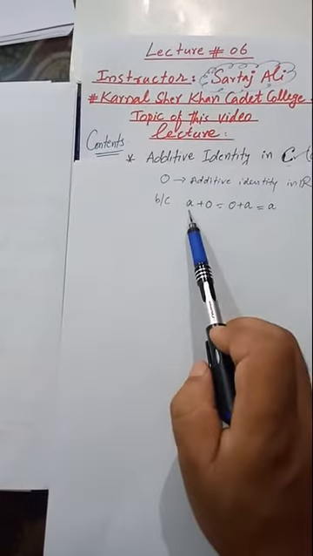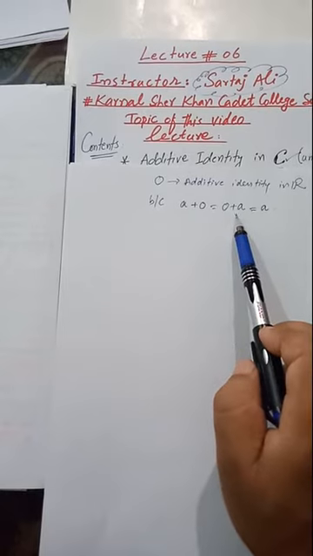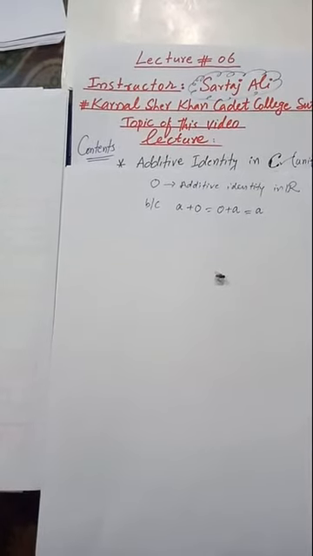You see that a remains the same if you add the additive identity from the left or from the right. The value of the real number to which you are adding the additive identity doesn't change. So this is the definition of the additive identity.